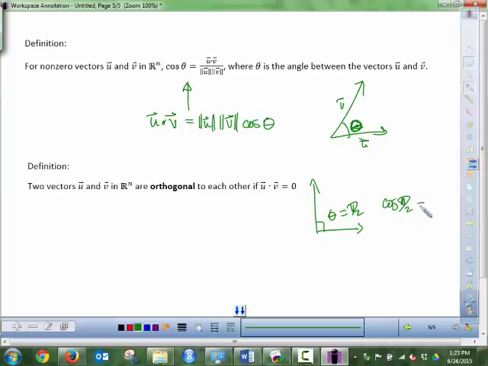And that's easy enough to justify because the cosine of pi over 2 is equal to 0. Okay? All right. I want to take a look at pictures, but before we take a look at pictures, let's see if we need to show anything else here.